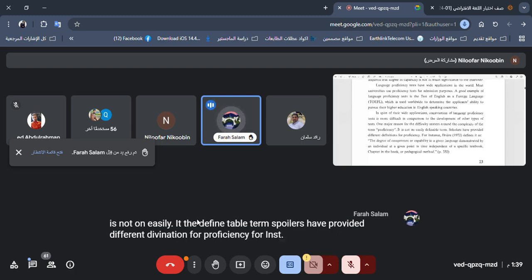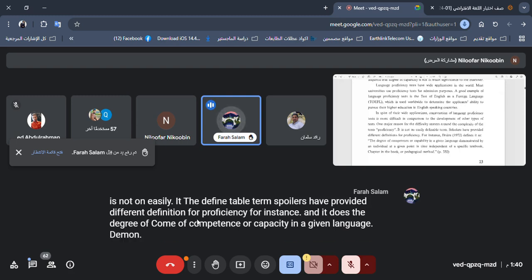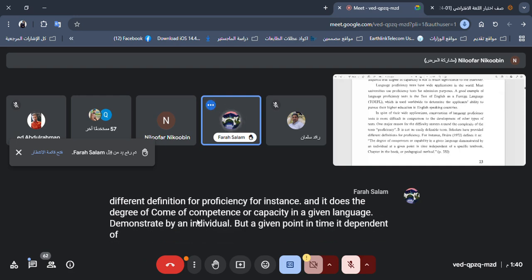For instance, it is defined as the degree of competence or capability in a given language demonstrated by an individual at a given point in time, independent of a specific textbook, a chapter in the book, or pedagogical method. Okay?